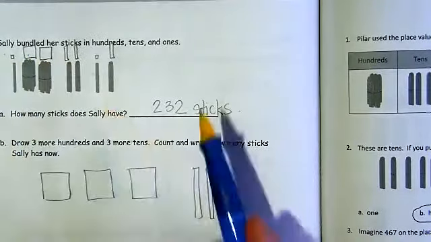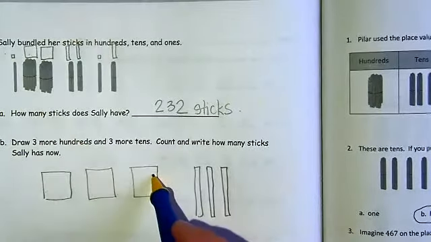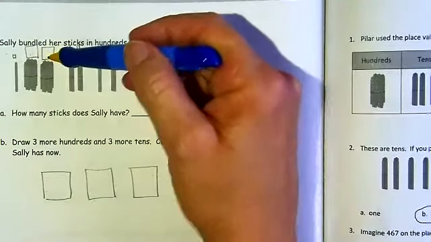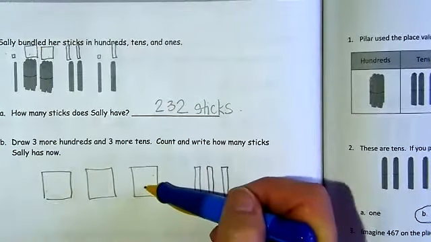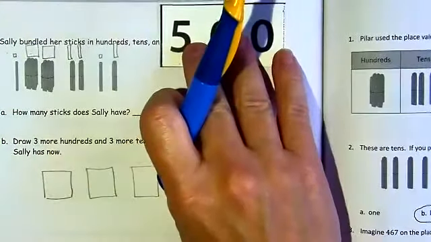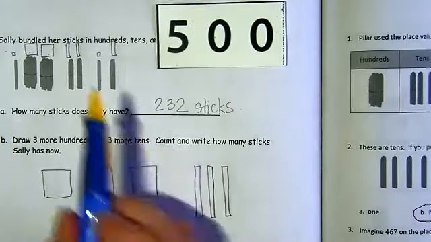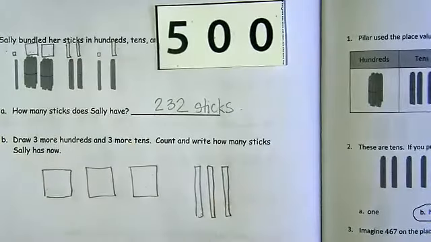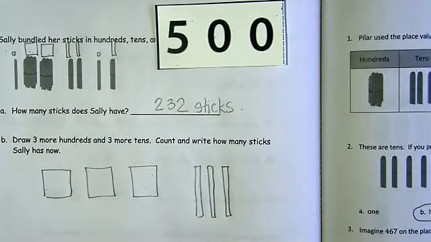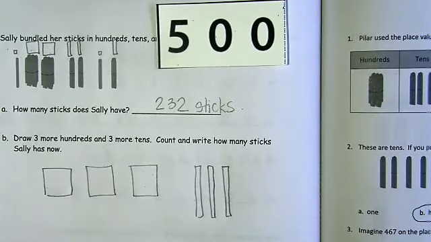We have 2 and 3 more. 2 hundreds plus 3 hundreds is 100, 200, 300, 400, 500. That's a lot more. How many sticks are there now, or tens? We have 3 tens up here and 3 more tens down here. 3 tens plus 3 tens equals 6 tens.